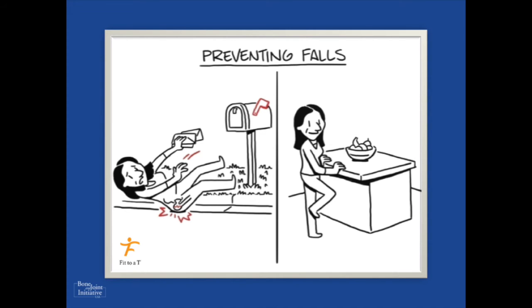So how can we prevent these falls? Talk with your doctor about some strategies. The National Institute of Aging has recommended physical therapy, exercises such as Tai Chi, walking, and resistance exercises. So find a good exercise program.